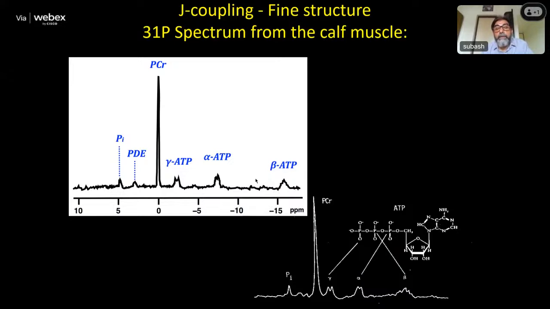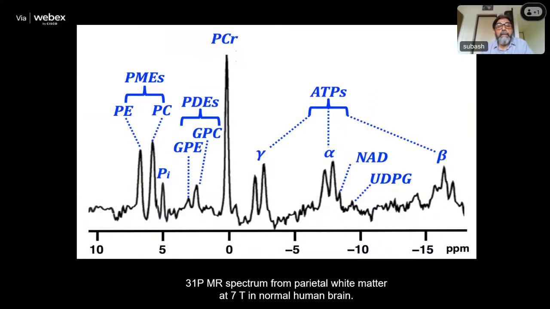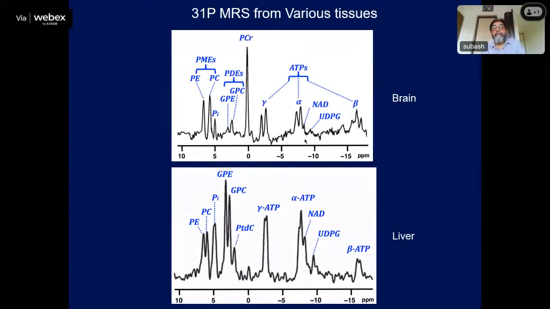Whenever we show you ATP ratios, they are with respect to beta ATP, because beta ATP is free of any contamination from any other compound within the muscle. So all the concentrations will be measured with respect to beta ATP. We'll mention ATP there, but they are actually beta ATP measured components. So this is a muscle spectrum.